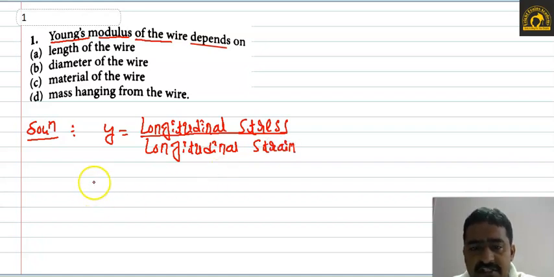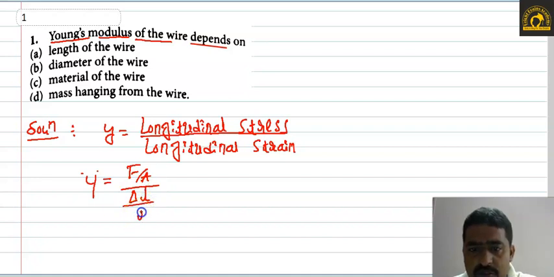Now, what are the factors that Young's modulus depends upon? Young's modulus is equal to stress, that is force by area, over longitudinal strain. Longitudinal strain means change in length relative to the original length.